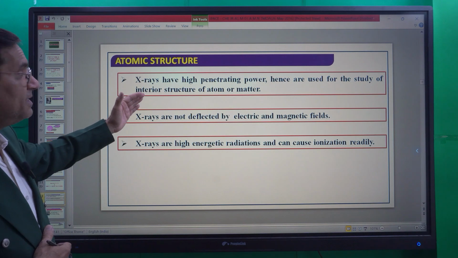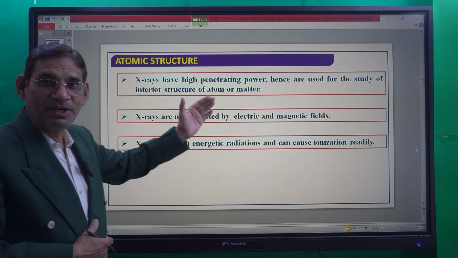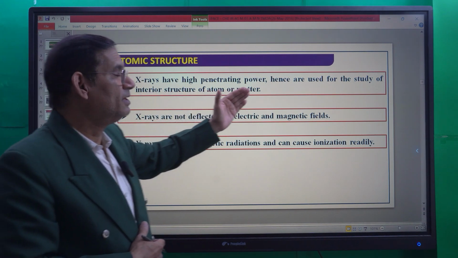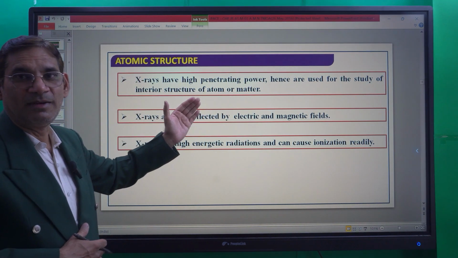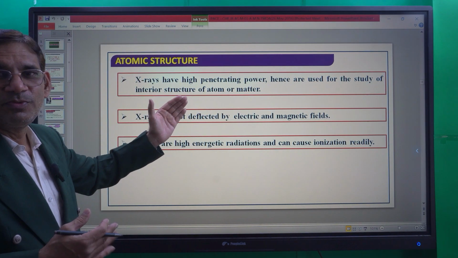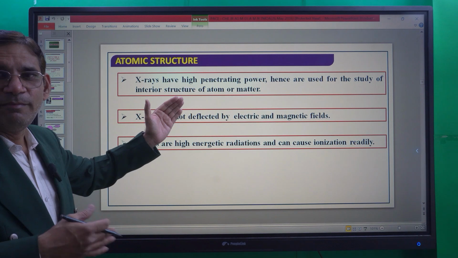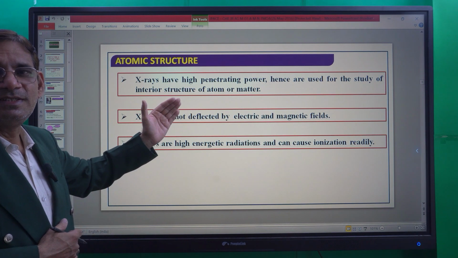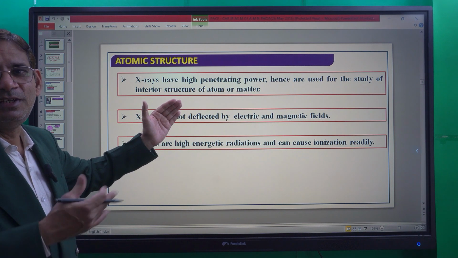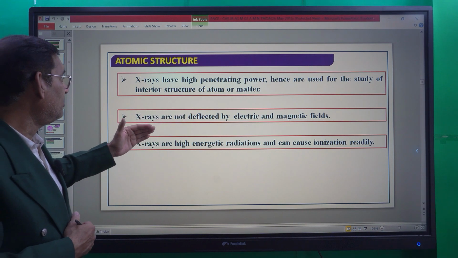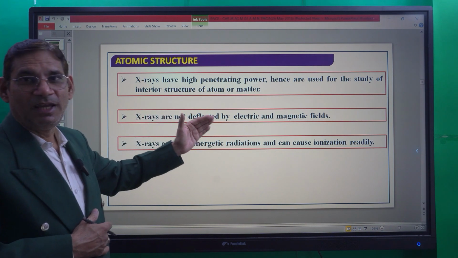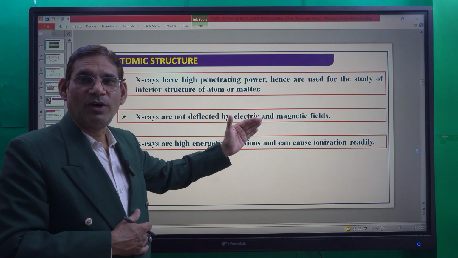Since these X-rays have very high penetrating power, they are used for the study of the interior structure of the atom or matter. In medical science also, these X-rays are used to study fractures of bones in human beings. X-rays are not deflected by electric and magnetic fields. What does it mean?